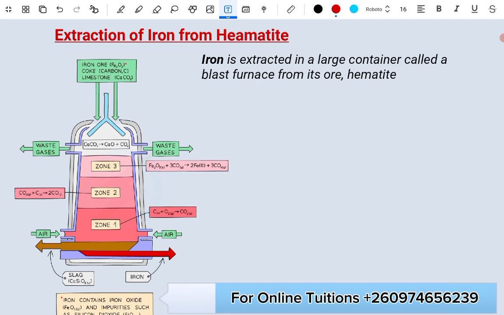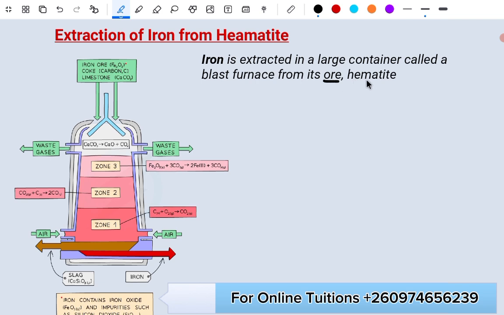Now this iron is mined from the ground, from the earth's crust, and after the mining we obtain what we call the iron ore. The most common one is hematite.